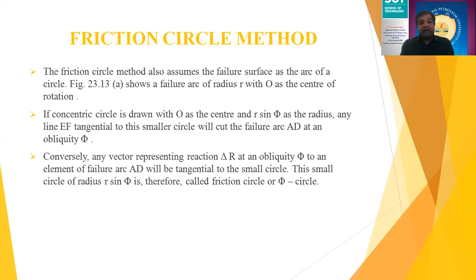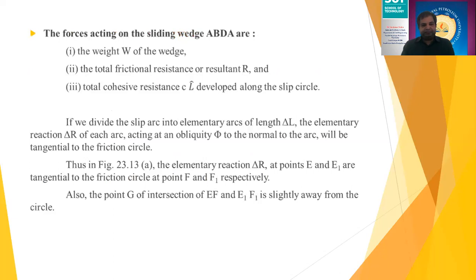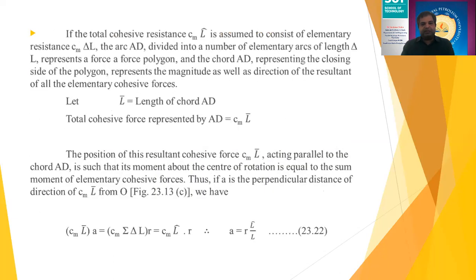And the circle, whatever you are going to draw, the friction circle, is concentric with the slip surface circle. In this method also, we are assuming the failure surface of the slope is an arc of a circle, or we are assuming it is a circular failure. Okay. Now let us see this particular figure.